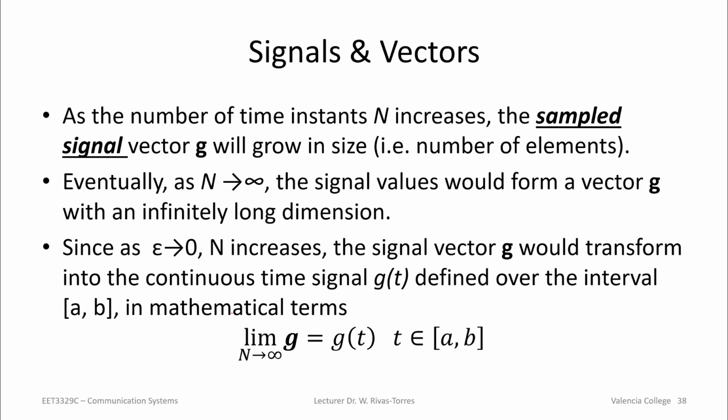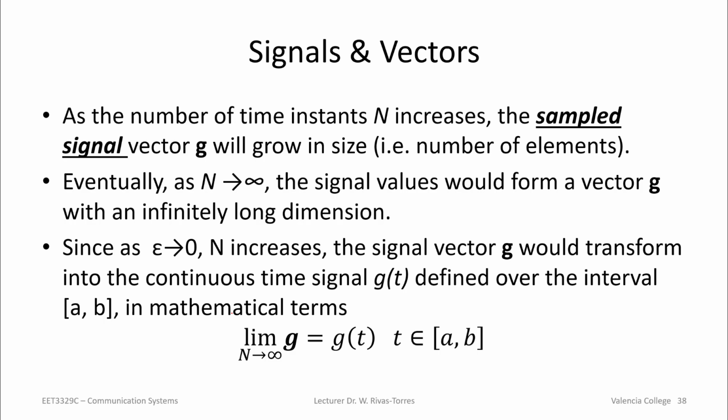So eventually, as n goes to infinity, you have a really long dimension. What happens when you do that is epsilon tends to zero as n increases, and the signal vector g would actually transform itself into g of t.